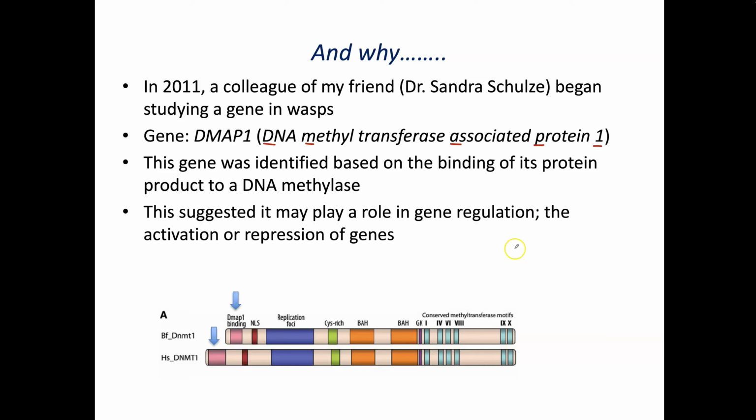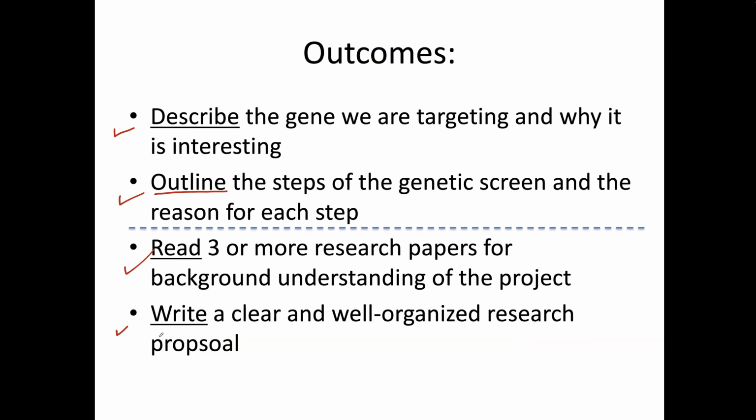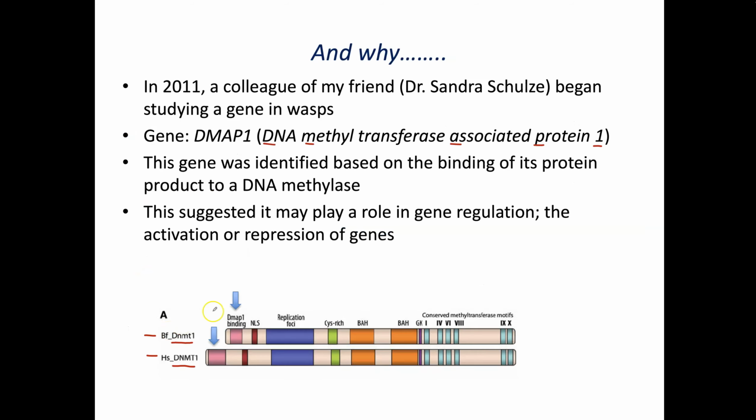So that's where the name comes from, and it was identified based on its protein binding to DNA methyltransferase 1, DNMT1. This is the human one, and I believe this is Amphioxus, which is sort of the precursor to the vertebrate line.